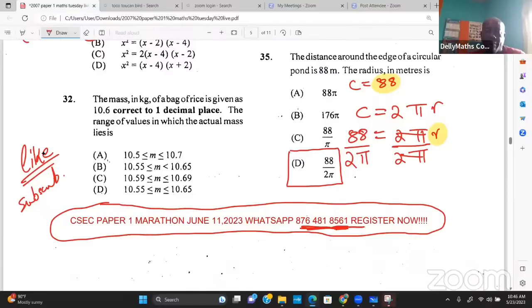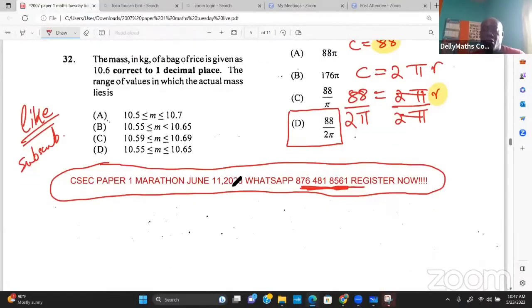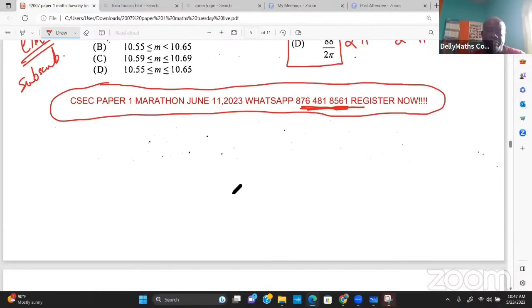And the platform that I'm going to use to do the test is going to help me to see immediately the questions that were done the worst. So in the last session, as the test is finished, I will be able to see the errors that were made commonly, and I will be able to address them immediately before the session ends. So be a part of it. It's going to be good.